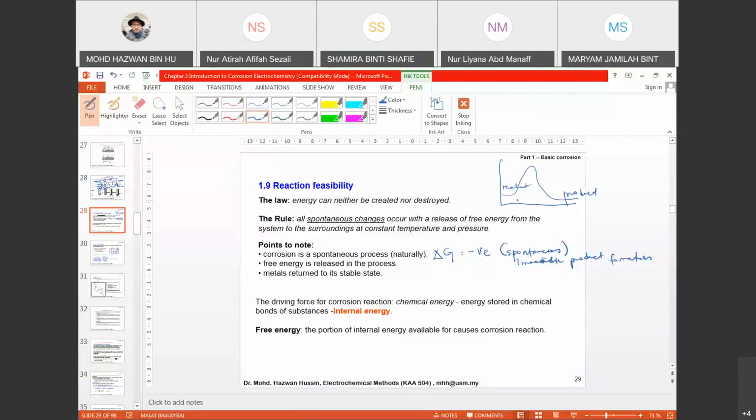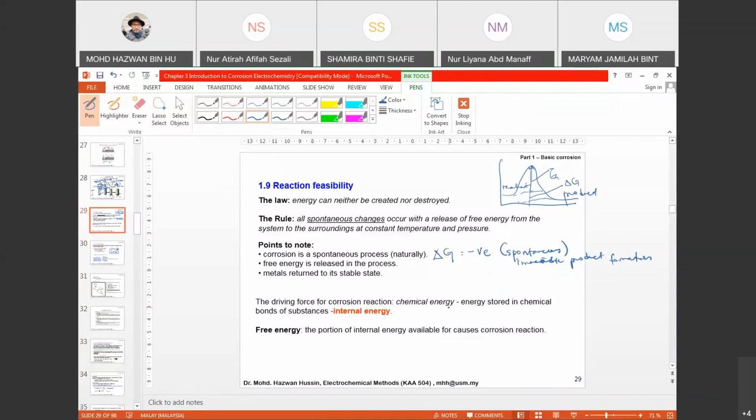This is the activation energy, Ea. The free energy released is known as delta G. This is the delta G.